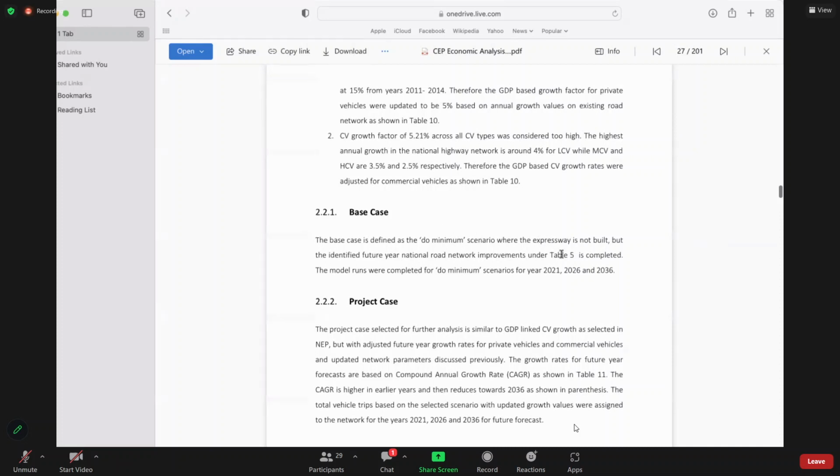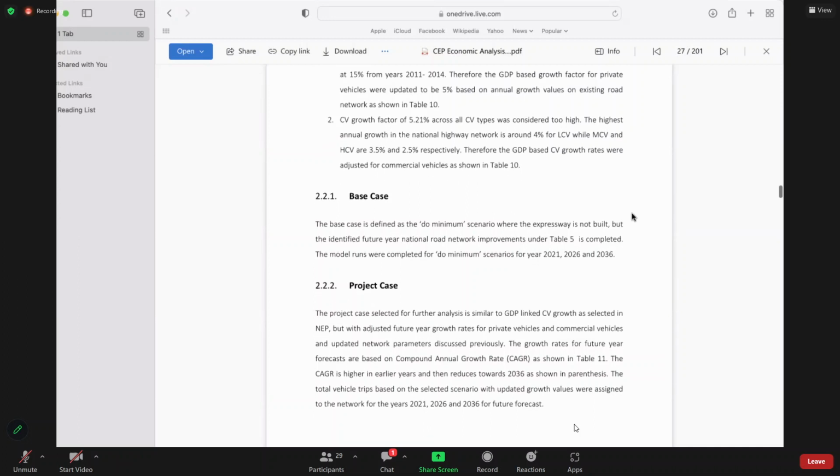So if you're not building this expressway, but you still have to undertake road network improvements to the existing road network. So that is the base case, the without project scenario. So all the costs and benefits of the project, you calculate as incremental costs and benefits compared to this situation.